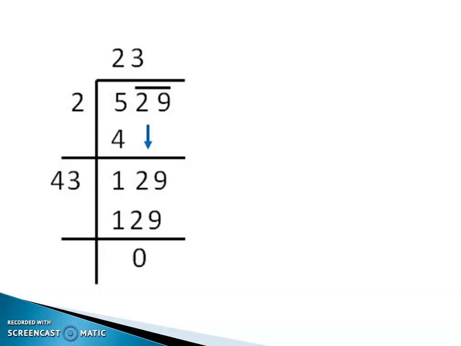Now, seeing the previous slide, what is the perfect square number that lies near to 5? You know it is 4. 2 into 2, 4.